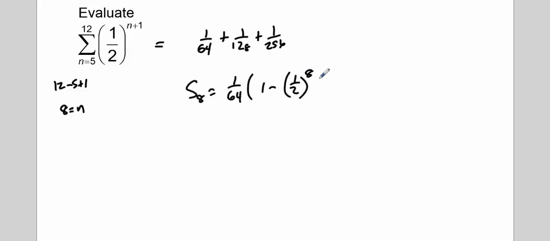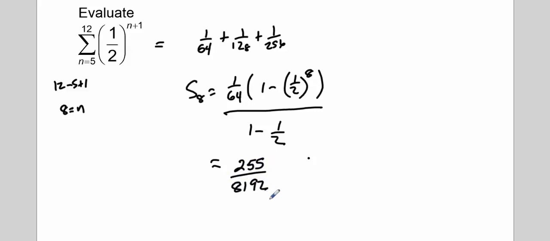We said n was 8 over 1 minus 1/2. Again, we turn that into a calculator problem. And this is small enough or big enough, however you want to look at it, to write an exact fraction of 255 over 8192. All right.